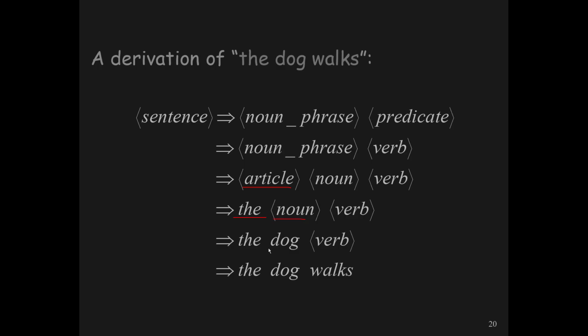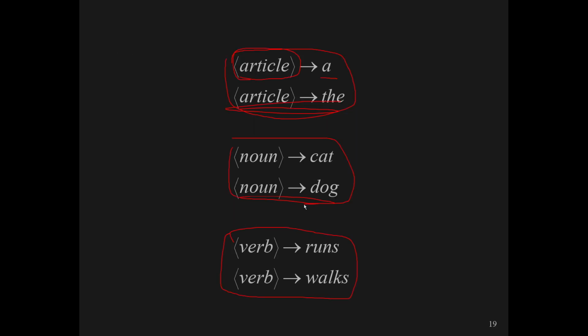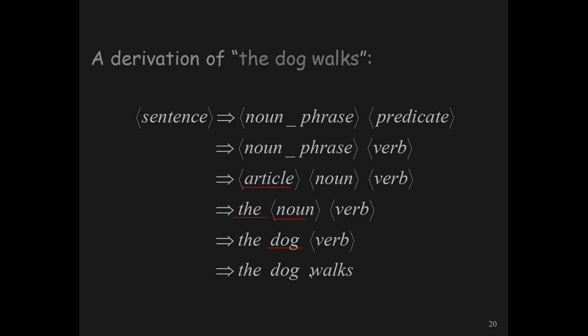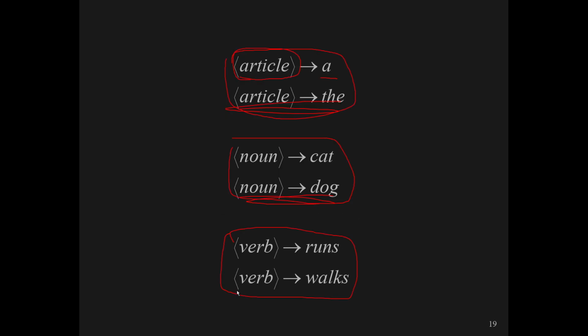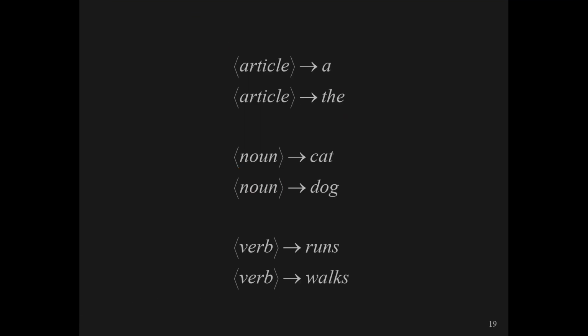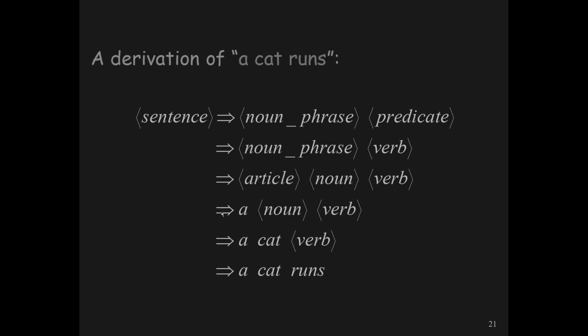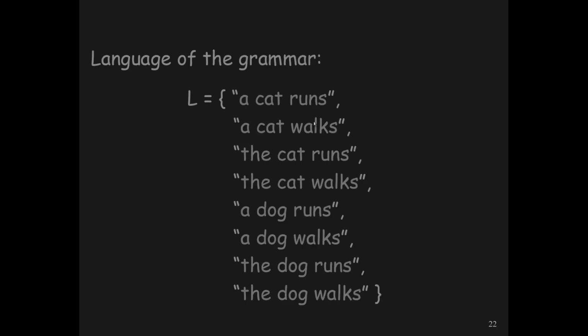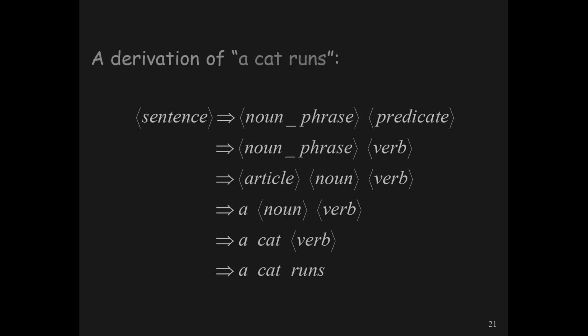The noun became dog, and then walks, we chose the bottom rule a third time. Now, there are 8 possibilities here, 2 to the 3. You can also have a cat runs, same structure, just different choices. And here are the 8 strings generated by this grammar.